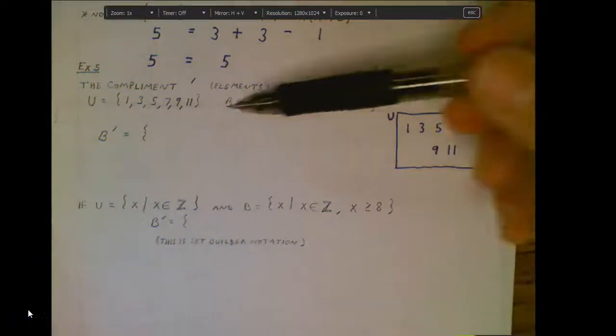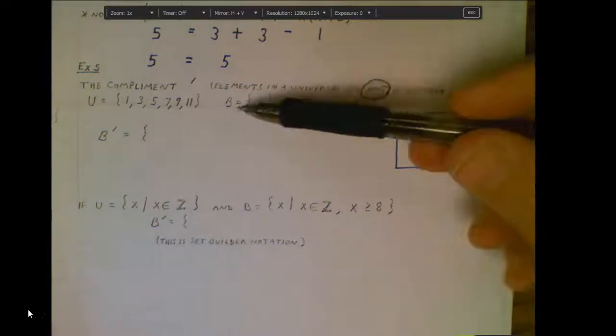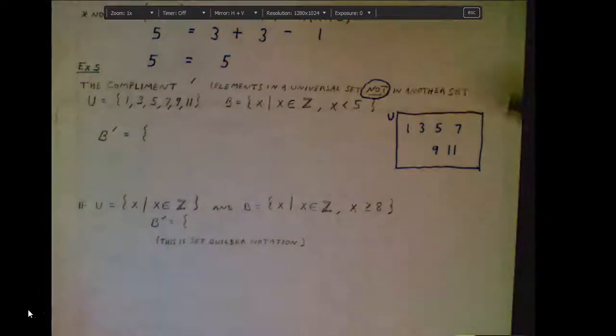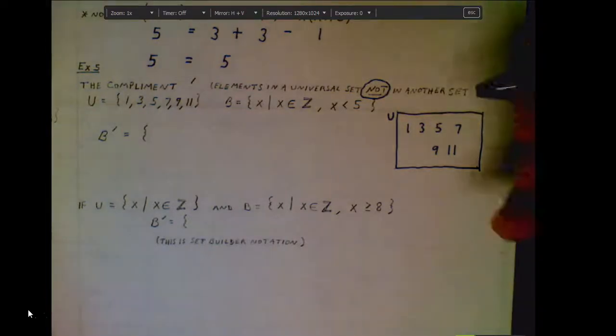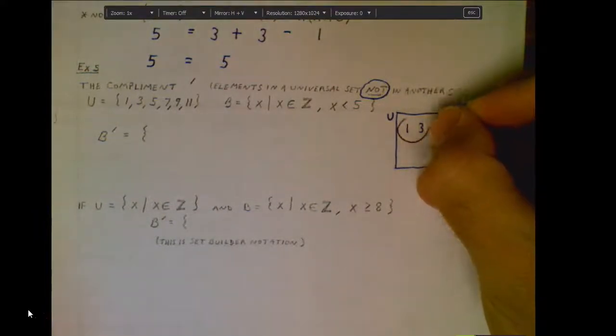So if you look right here, this is the universe that we were given. So here's the universe. In set B, we're looking at integers less than 5. So for set B here, integers less than 5 is right here.